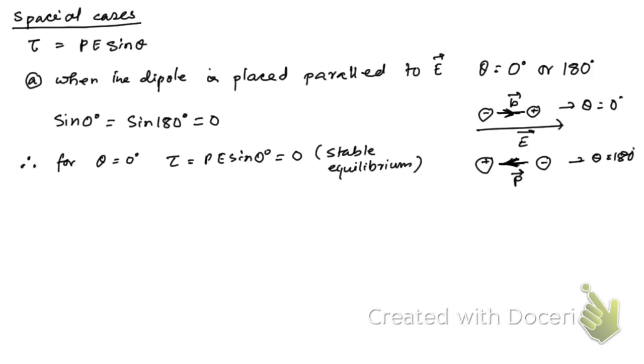Right, and for theta equal to 180, the torque PE sine 180 is also 0, so that's going to be 0. So this is called unstable equilibrium.